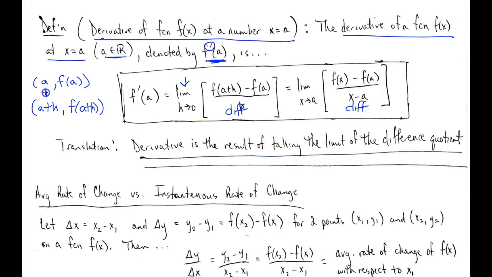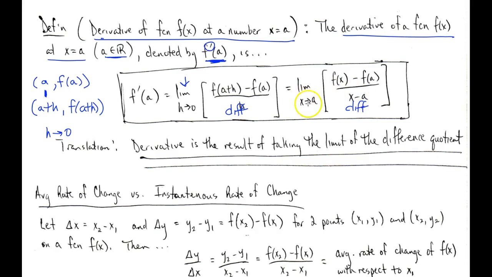What we're saying here is that as the distance in between a and a plus h dwindles or gets closer to 0, meaning that h is getting closer and closer to 0, then the slope of the secant lines by these 2 points will eventually turn into a tangent line.